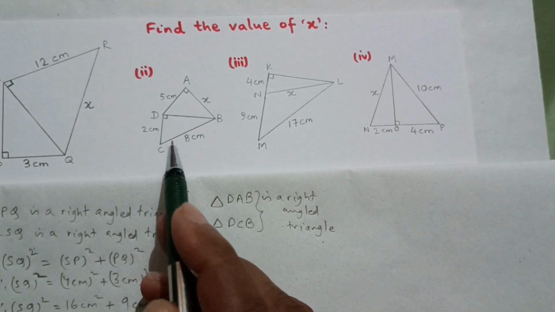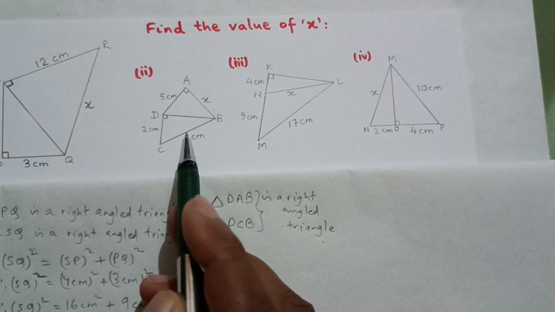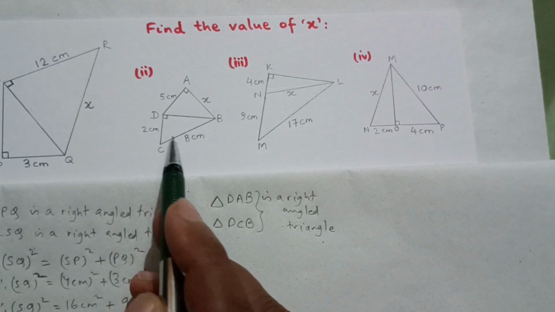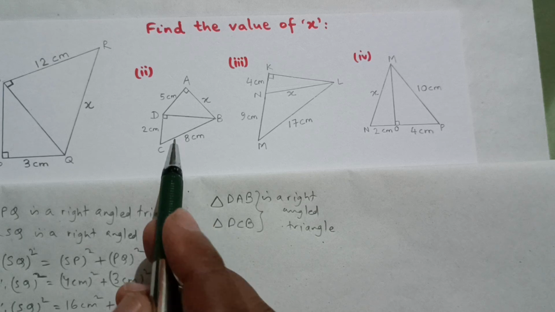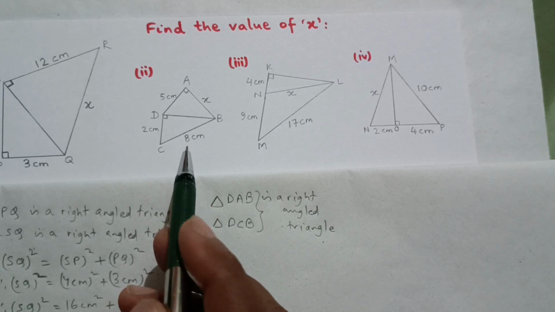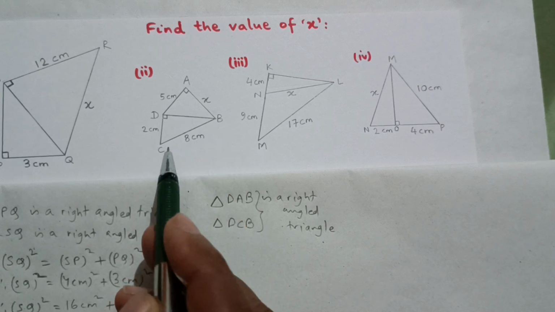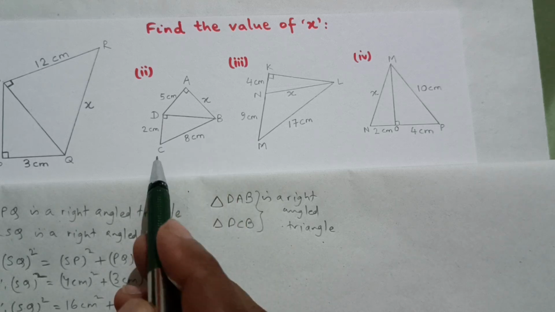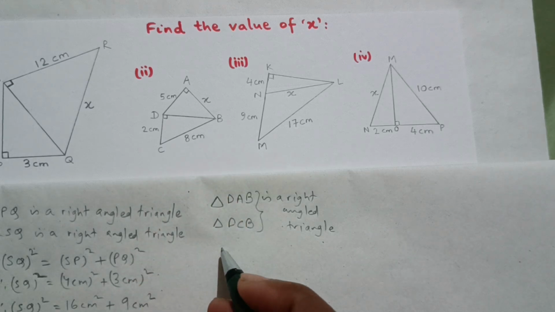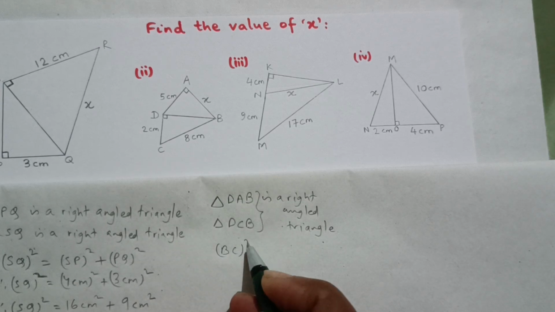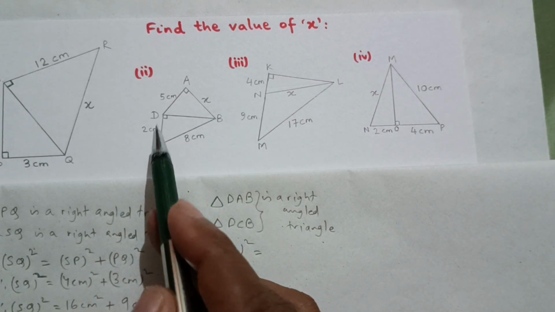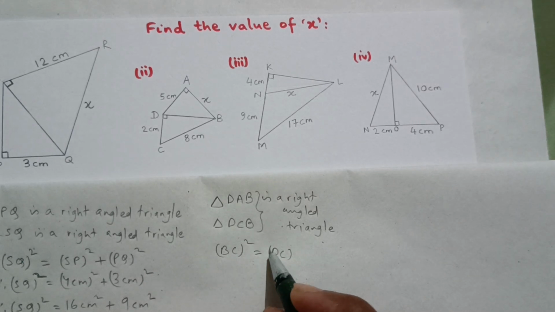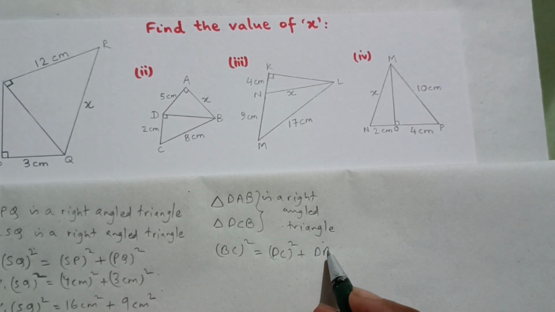So first we will apply Pythagoras theorem in triangle DCB. This is a right angle triangle. Now what is the hypotenuse? The hypotenuse is CB or BC, whichever way you want to call it. So BC whole square is equal to DC whole square plus DB whole square.